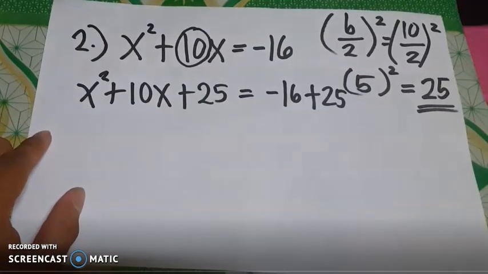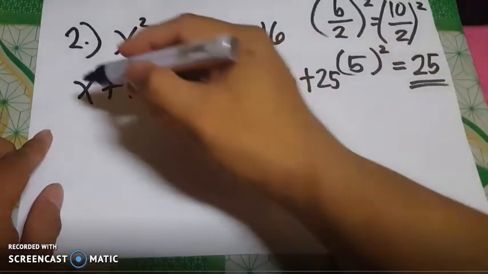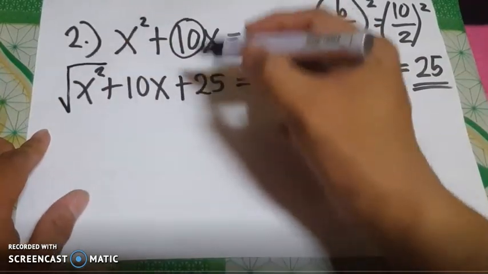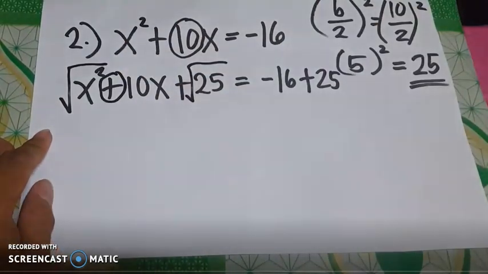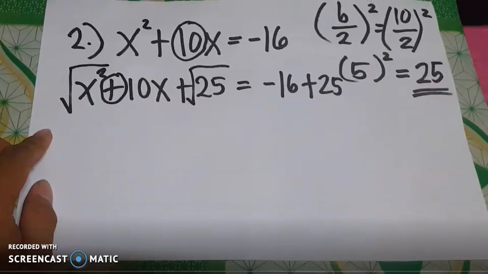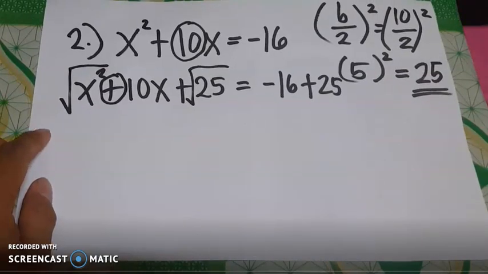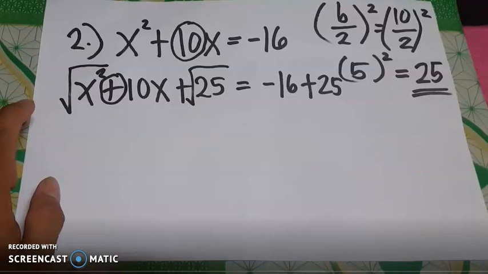So, all we have to do is get the square root of the first and get the square root of the last, then look at the operation of the middle term. Because the square root of first and last, together with the operation of the middle, will form the binomial factors of that perfect square trinomial.